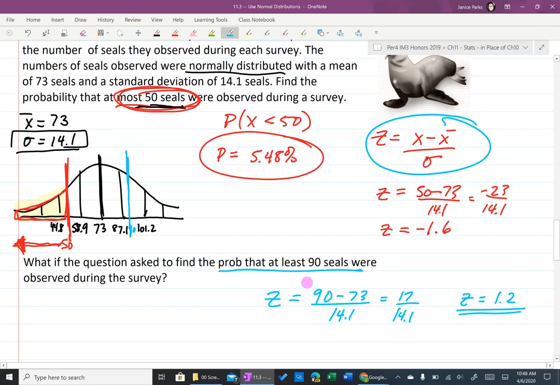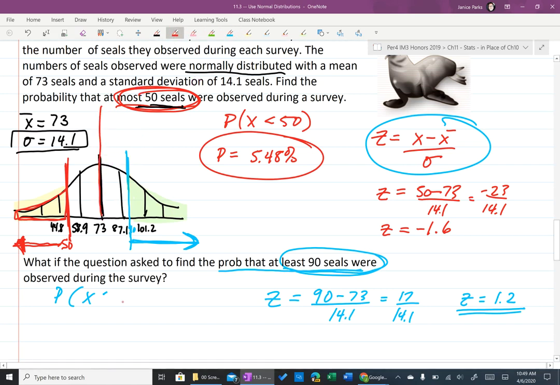That's not the percentage. Again, we're doing the probability that it's at least 90. So at least 90 means 90 or more. So this percentage. You should be able to tell that this percentage is small. It's going to be similar to that one, but it's definitely less than 50% because 50% would be right in the middle.